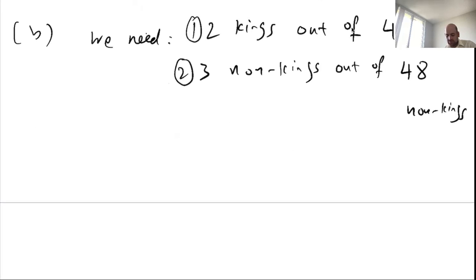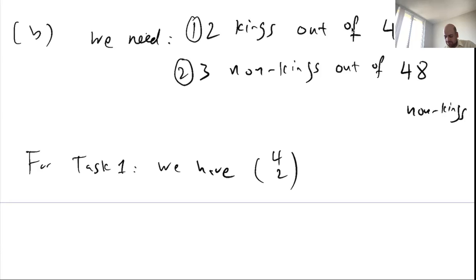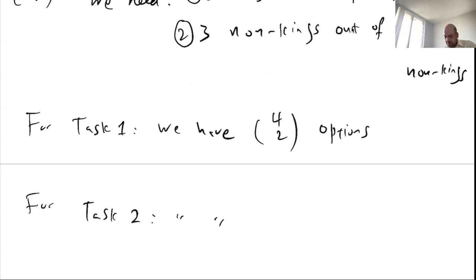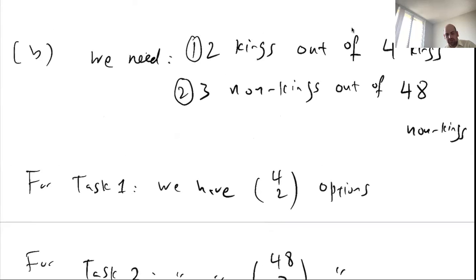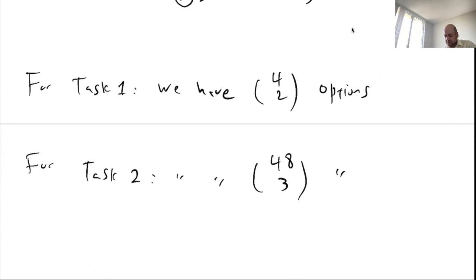So let me call them task 1 and task 2. For task 1, how many ways do we have to do that? 4 choose 2 options. For task 2, we have 48 choose 3 options. Choosing 2 objects out of 4 objects is 4 choose 2, choosing 3 objects out of 48 objects is 48 choose 3.